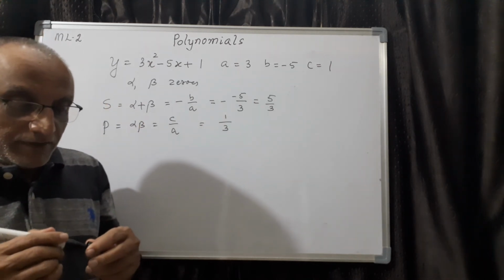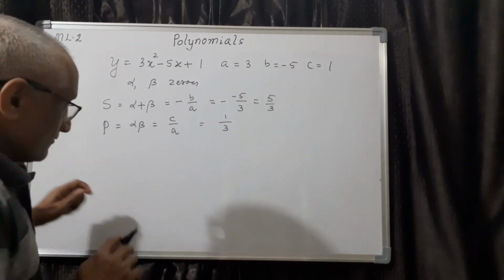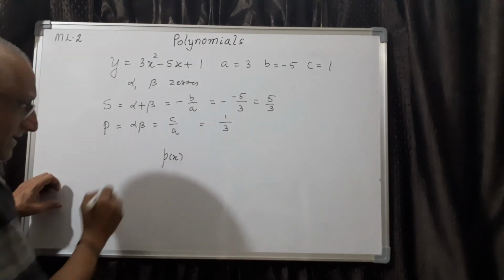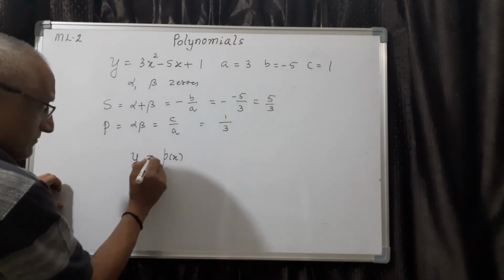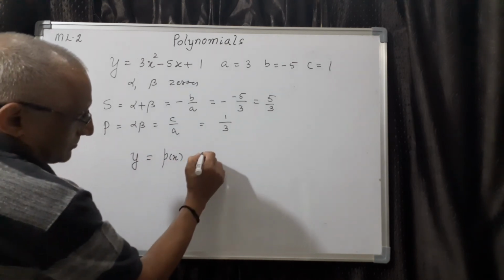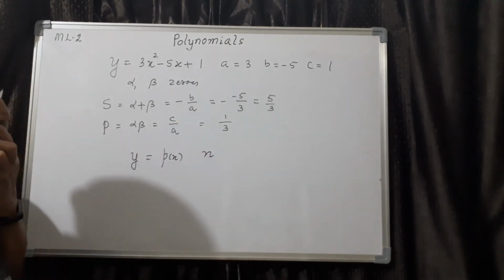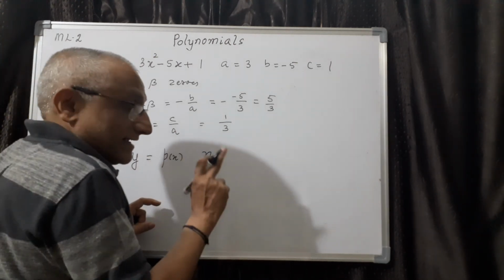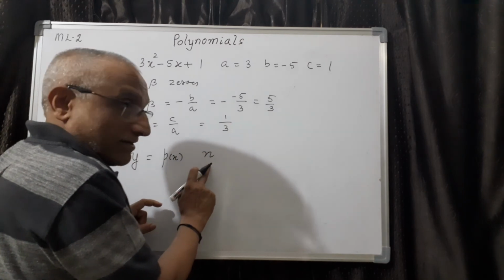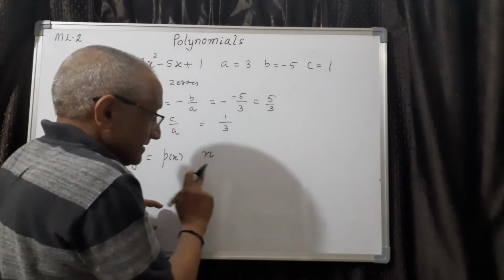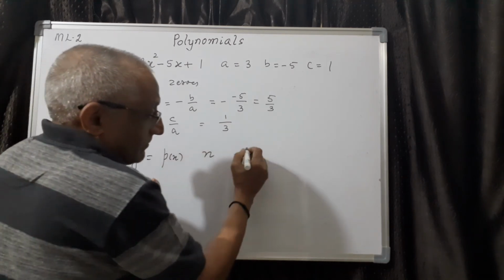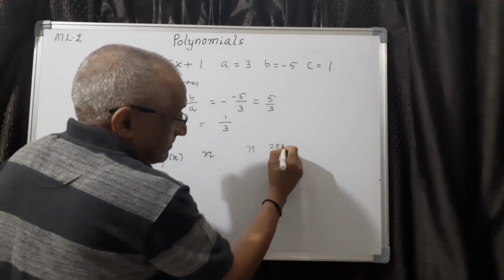So let me sum up now. We have taken the polynomial p of x, any polynomial, even you can take it as y equal to p of x. Suppose the degree of the polynomial is n, you have to remember this much: it can cut the x-axis at a maximum of n places. That means this polynomial can have n zeros maximum.